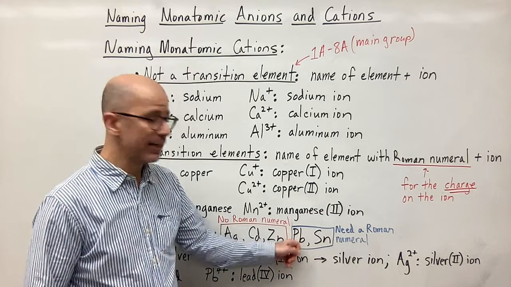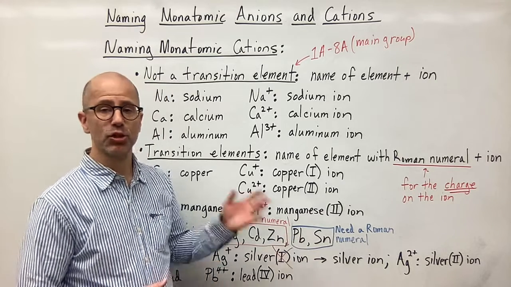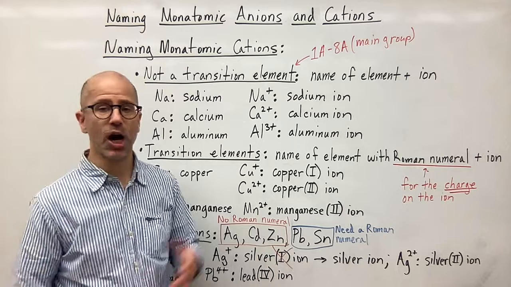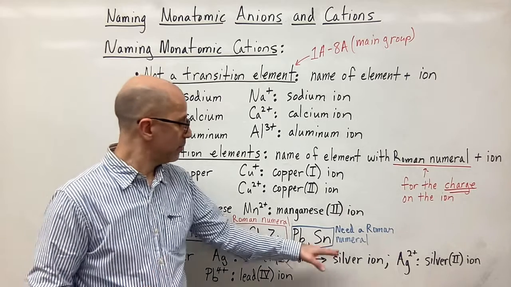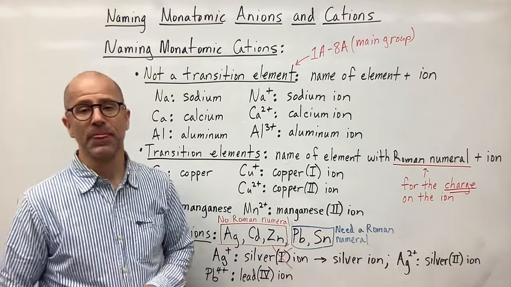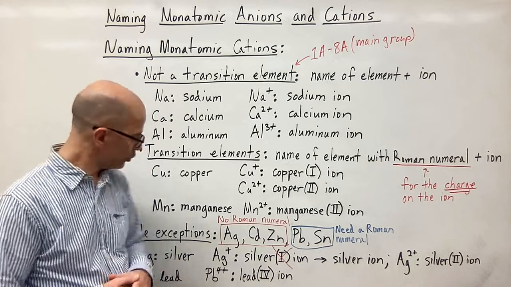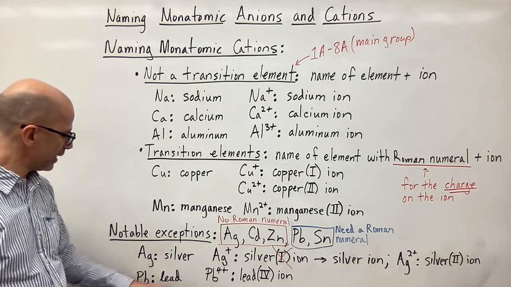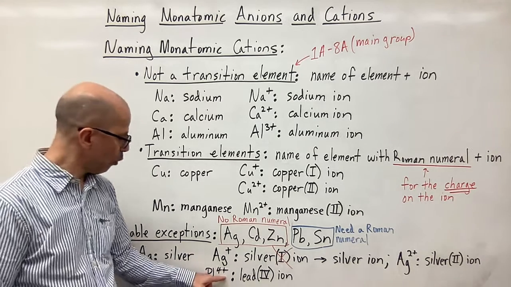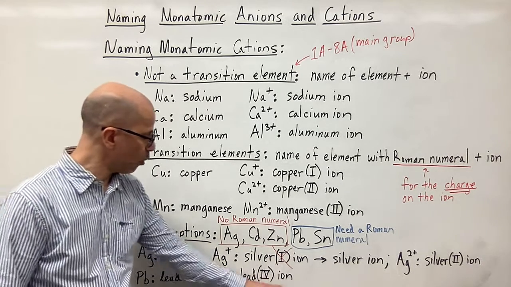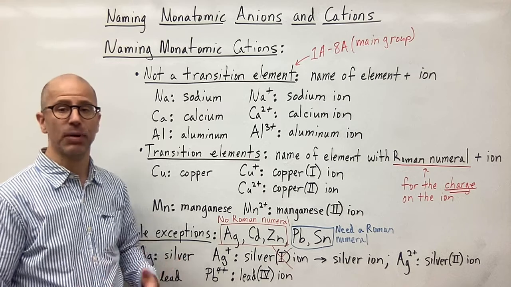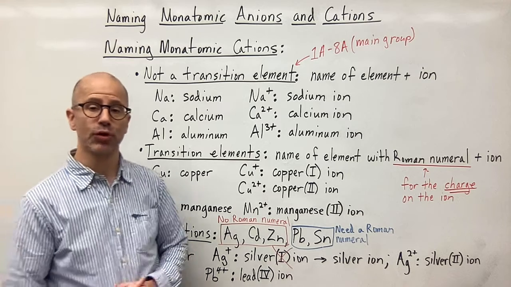Lead could have a 2+ charge or a 4+ charge or something like that. The same thing with tin. So for those two, you need to remember to put a Roman numeral. For example, Pb is lead, but Pb4+ is going to be lead 4 ion, not lead ion, but lead 4. You need the Roman numeral for those.